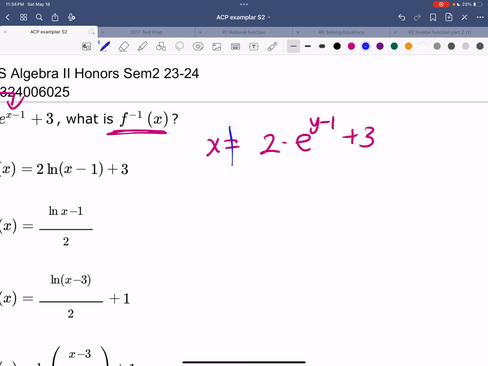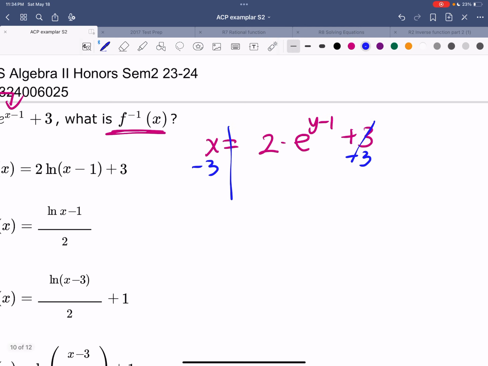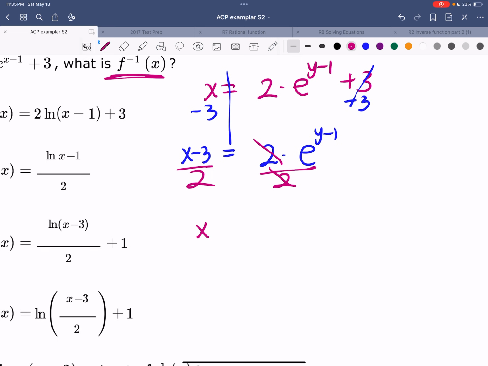So I'm going to get rid of this one first. I'm going to do minus 3 first. So I have x minus 3 equals 2 times e to the y minus 1. After that, I'm going to divide by 2 because 2 is still bothering me. So I have x minus 3 over 2 is equal to e to the y minus 1. Now I can get rid of this base because there's no number that bothers me. So what's the opposite of base e?